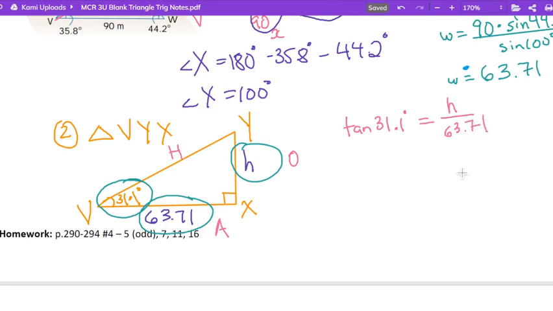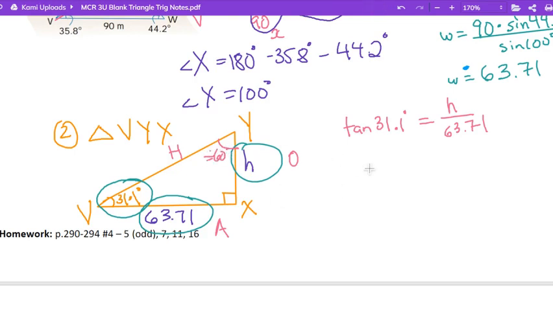Oh, pause. Here's the question. Is the height going to be greater or less than 63.71? How do you know that angle Y is smaller? We didn't calculate it. Sorry, angle Y is not smaller. Angle Y is bigger, right? It's going to be 90 minus about 30, so it's going to be approximately 60 degrees, right? Okay, good.